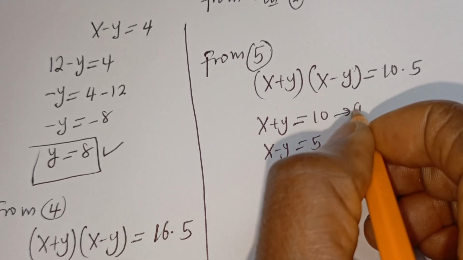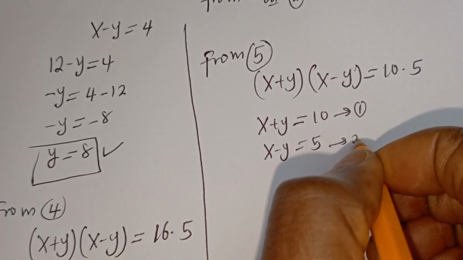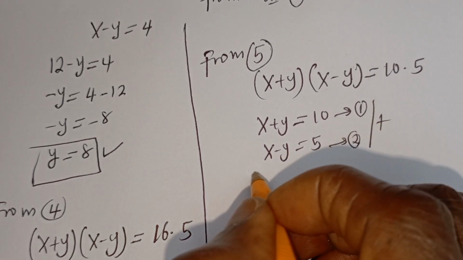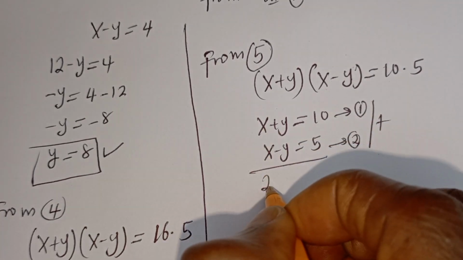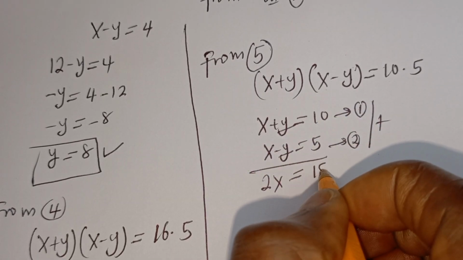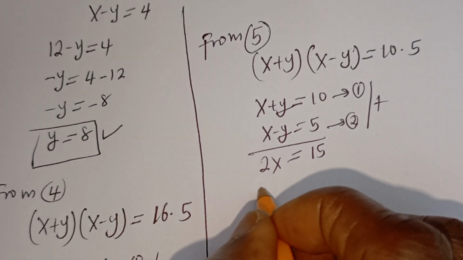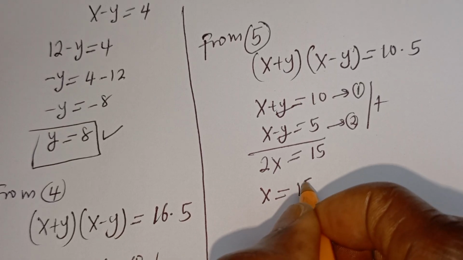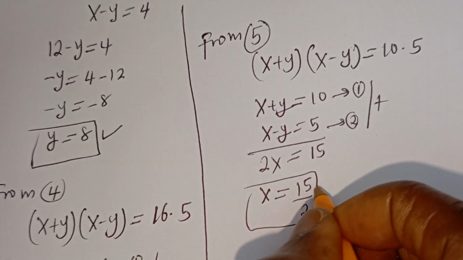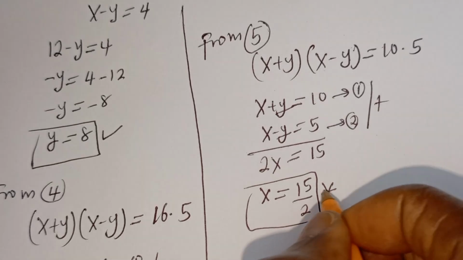This is equation 1. This is equation 2. Then let's add the two equations together. s plus s, 2s, this will cancel this, is equal to 15. s is equal to 15 over 2. This is the value of s, and this is not a natural number. It is rejected.